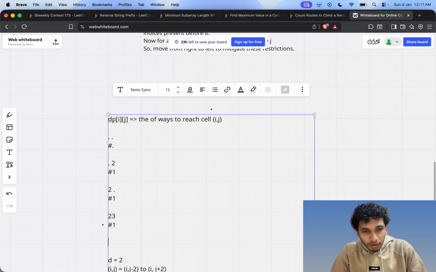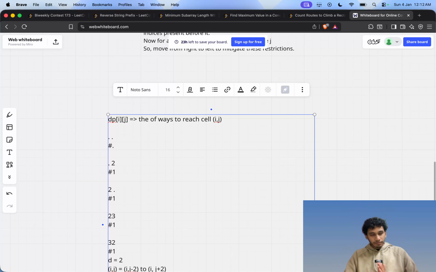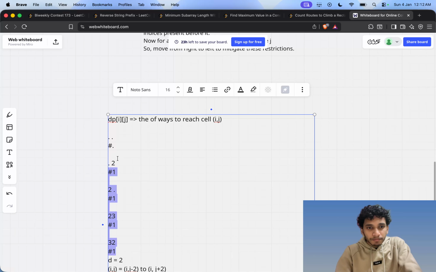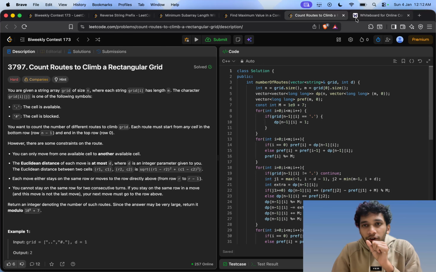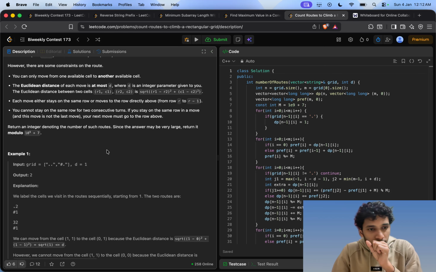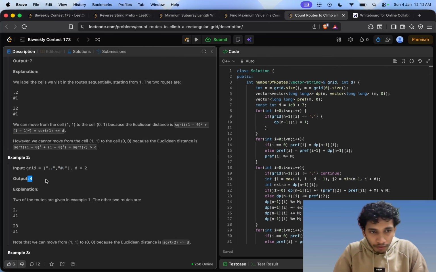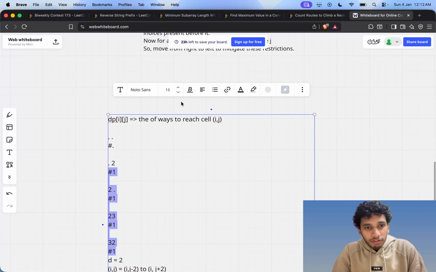And another scenario, which is we started from here, we moved here, then we decided to move here. All right, these are all the 4 cases that are possible. Okay. And the answer is 4. All right. These are the 4 ways with which we can reach.